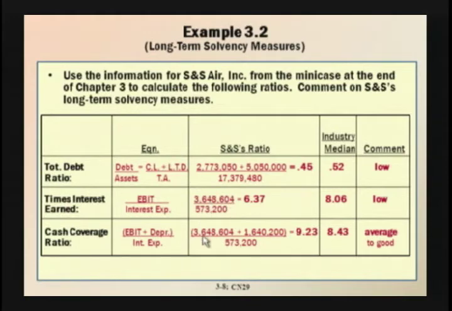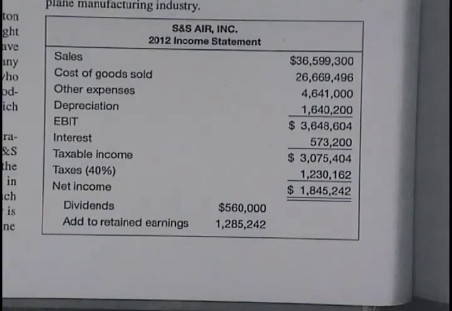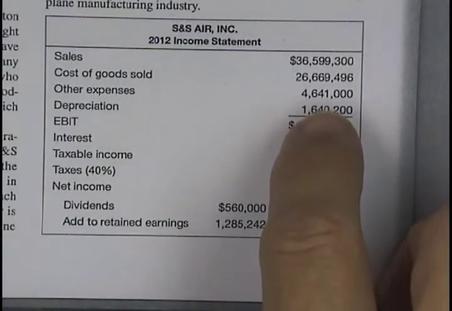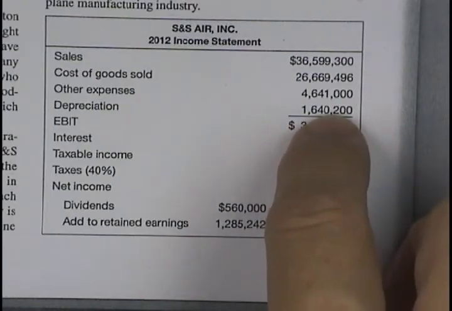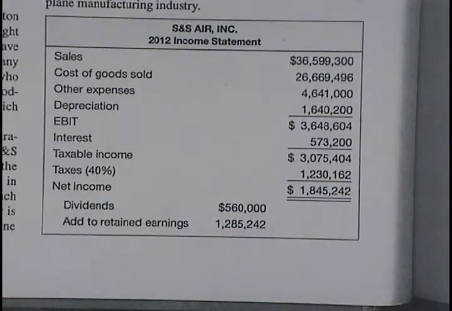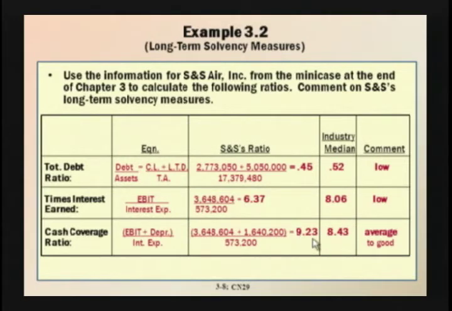So take the same EBIT we used before and add the $1,640,200 of depreciation expense that we see on S&S's income statement, and we'll see their cash coverage ratio was 9.23 times. They covered their interest expense 9.23 times through the generation of cash as measured by EBIT plus that non-cash depreciation expense deduction. The industry median was 8.43 times, so they are actually a little bit better than average to good, I'll say, in covering their interest expense on a cash basis.